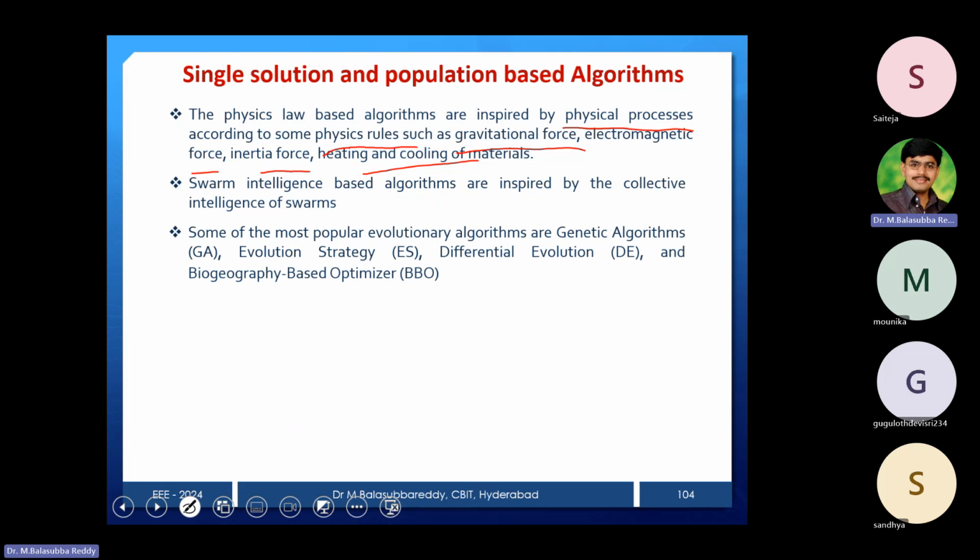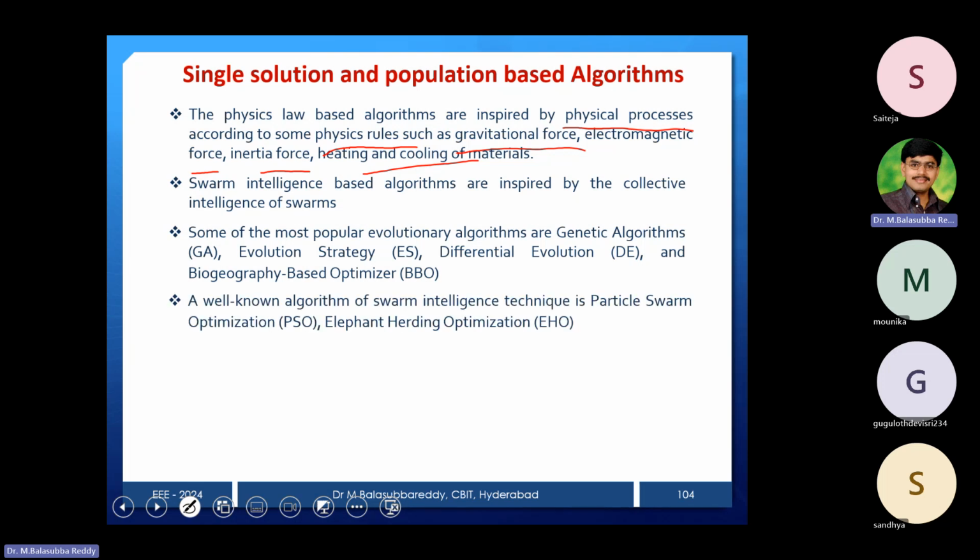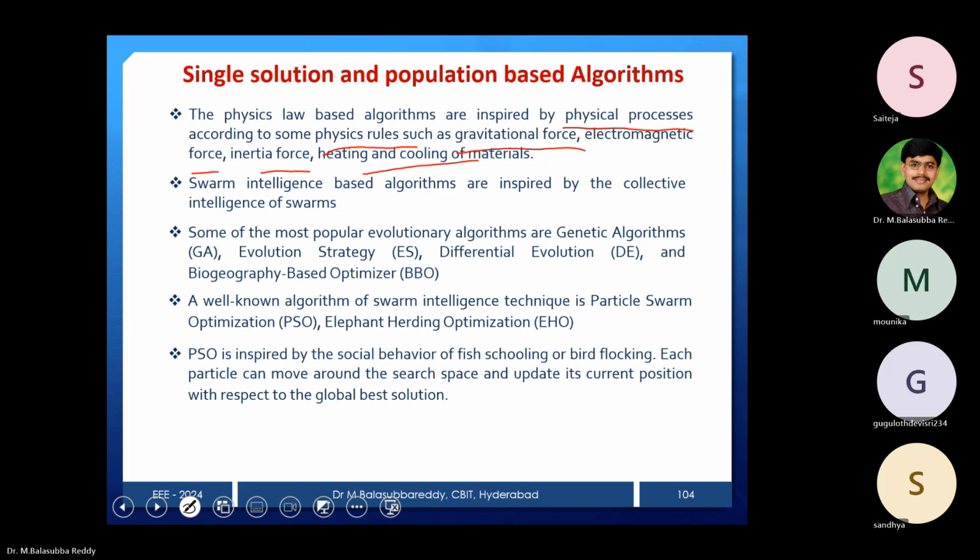In that, we have different kinds of algorithms: genetic algorithms, that is GA, and ES and DE, and biogeography inspired algorithms also, and swarm optimization or particle swarm optimization, cuckoo search algorithms like this, and well-known algorithms of swarm in the particle swarm optimization, PSO also.